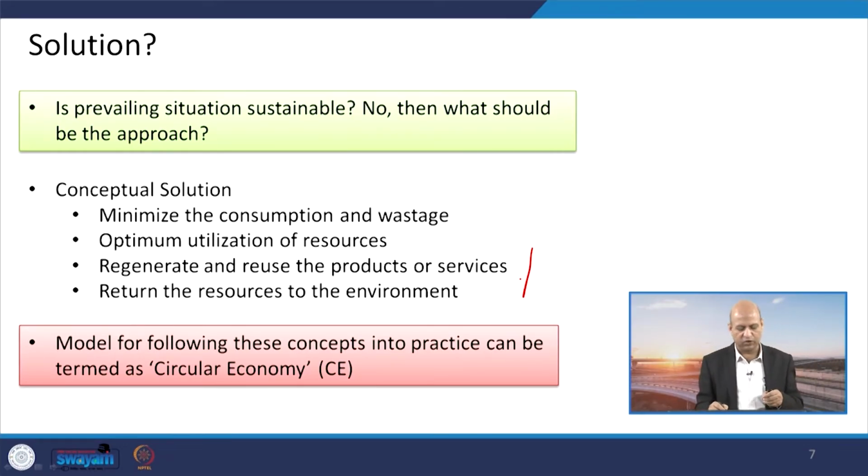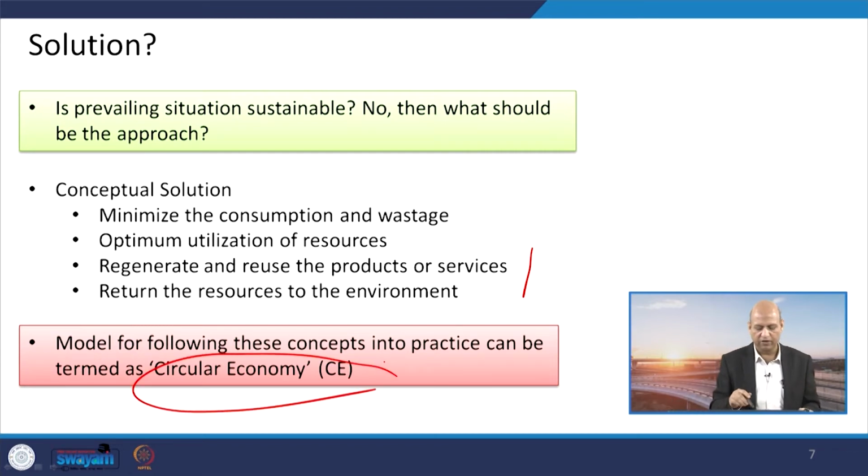And the model which follows all these concepts is the emerging concept known as the circular economy, because we are starting from nature, taking something, using it and giving it back to nature in such a form which can ultimately be assimilated by nature. It should not be waste which is not used properly, or which is causing more stress to the environmental components.